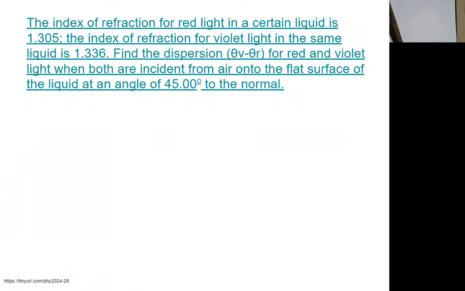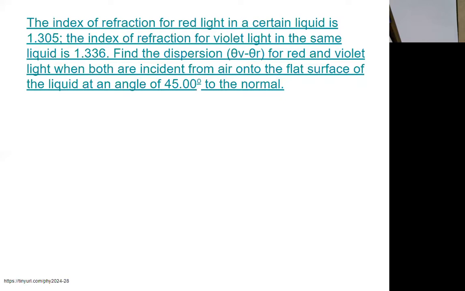So let's take a look at one example on the dispersion of light. It says the index of refraction for red light in a certain liquid is 1.305, and the index of refraction for violet light in the same liquid is 1.336.